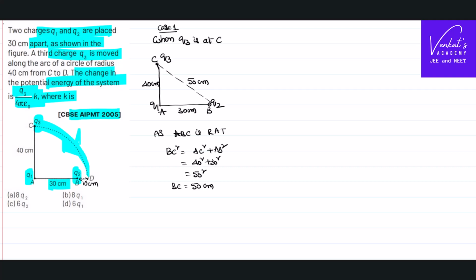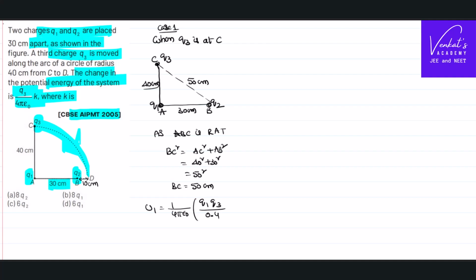Now, I can calculate the initial potential energy of the system in this case. U1, you know the formula, potential energy is 1 by 4 pi epsilon naught Q1 Q2 by R. Between A and C, you have Q1 Q3 by R, R is 40 centimeters, but I will write in SI system, 0.4.